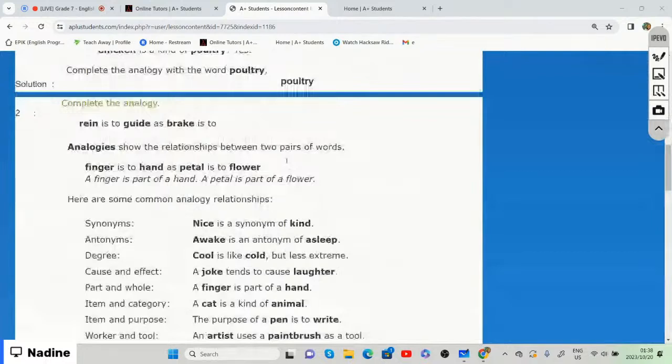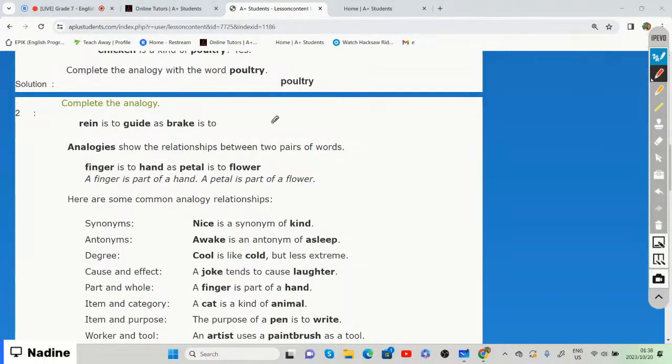Okay, so rain, right? If a rein is to guide, and this rain, remember we have different forms of rains, or different wording of rains. So we have rain and we have rein. So this rain is basically your droplets of water that comes from the sky or comes from the clouds, right?